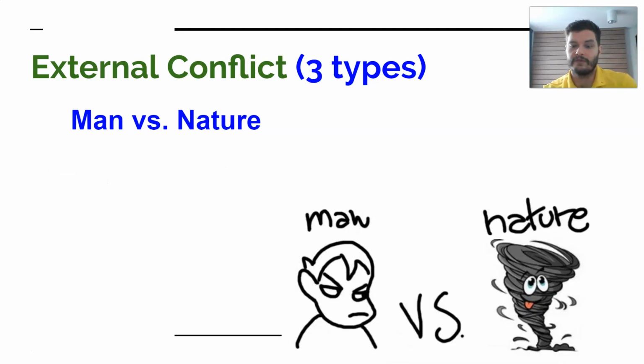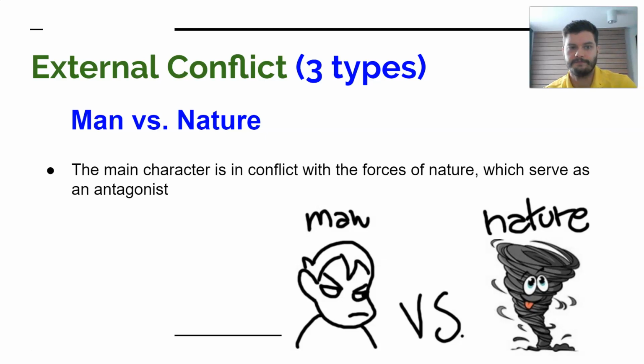That would be man versus nature. Okay. Or next type of conflict. So man versus nature is when the main character is in conflict with the forces of nature, which serve as an antagonist. You think about disaster movies. Okay, maybe the characters need to flee or run from an erupting volcano or a giant tidal wave or something like that.